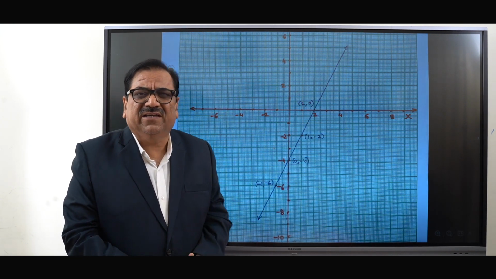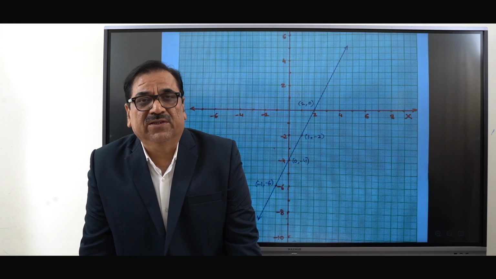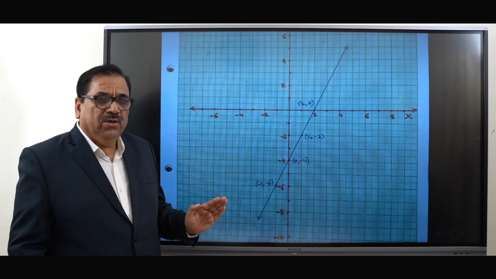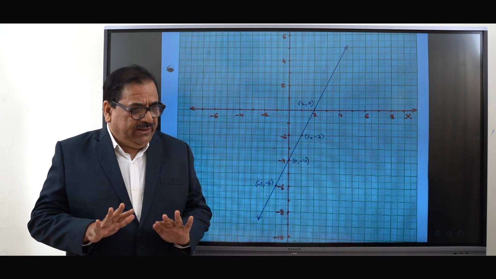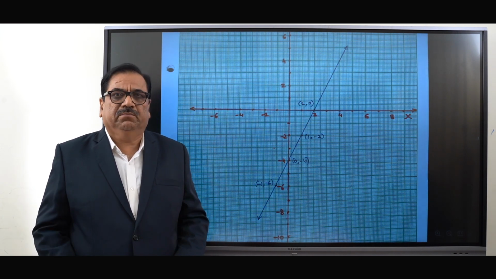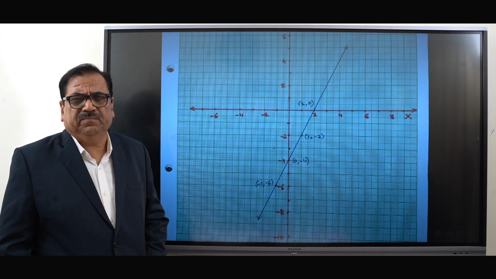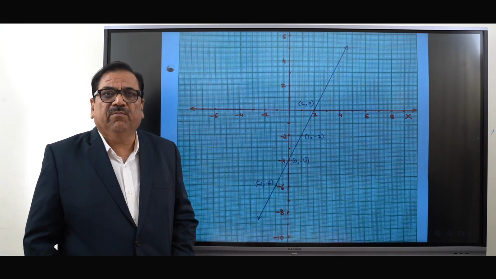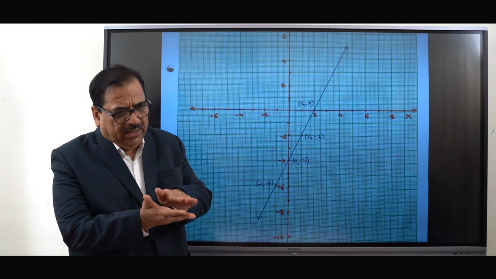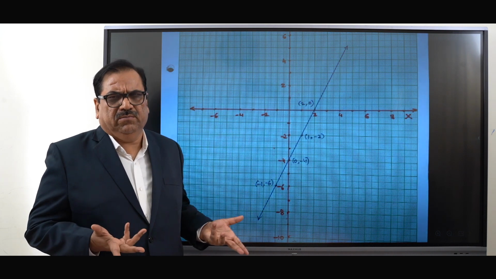But it is not necessary that all the time the two lines will intersect. Sometimes two lines don't intersect. Two lines may be parallel to each other. And in some critical cases, two lines may be coincidental lines, that is, one line upon another line, so all points are the same.